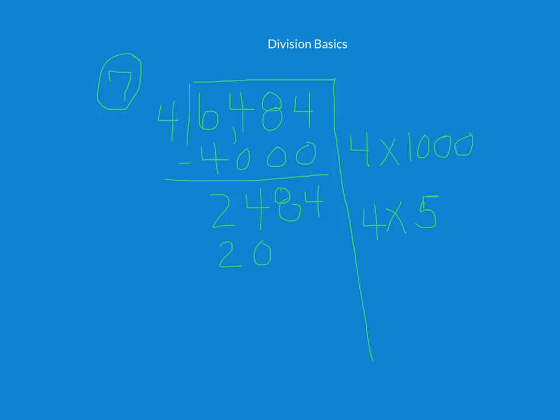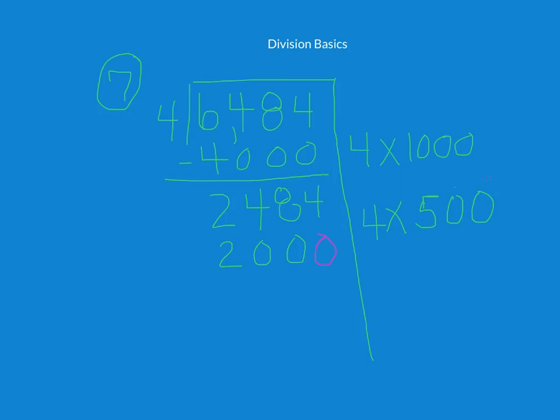So it would have to be 4 times 500. So now you can think about 4 times 0 ones is 0 ones. 4 times 0 tens is 0 tens, and that makes that 4 times 5 is 20 in the right place value. It's in the hundreds, or 2,000 or 20 hundreds. So that's pretty close. I'm good to go with that one.